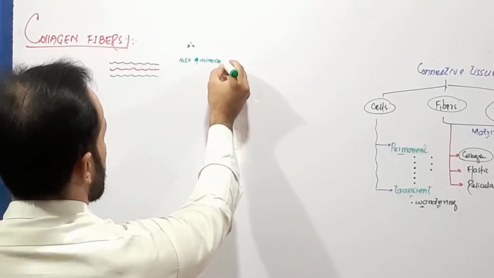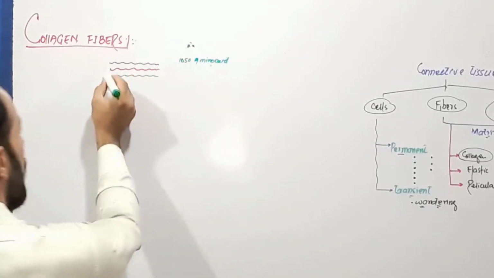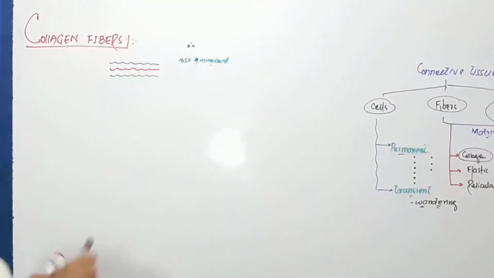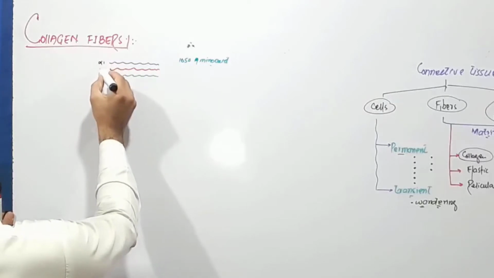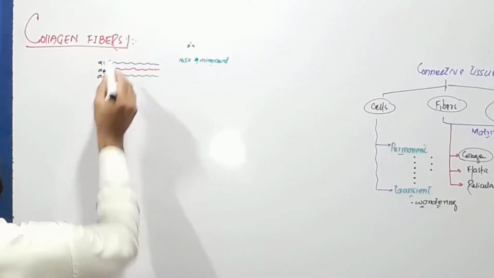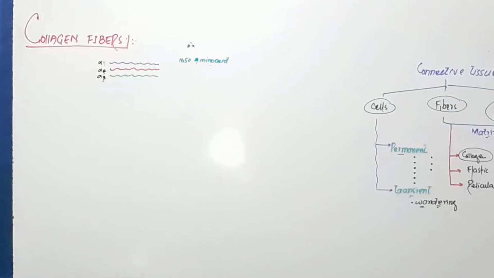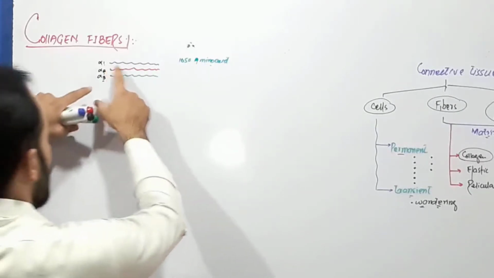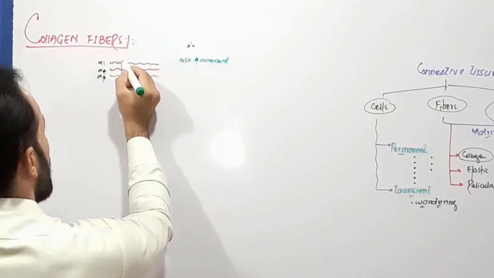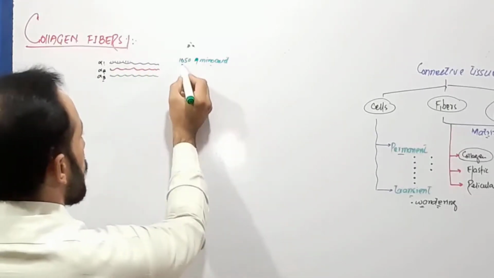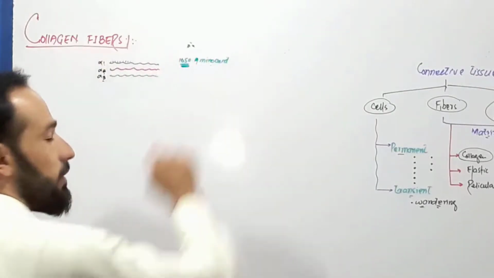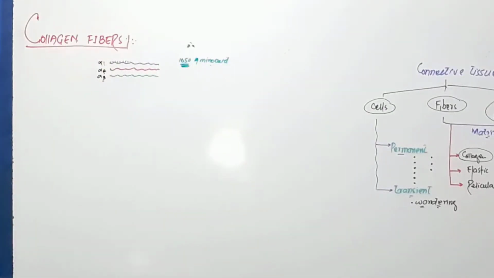These are alpha fibers: alpha 1, alpha 2 and alpha 3. That's why I have mentioned them with different colors, to have a concept of them. These are the three alpha fibers, and they are protein fibers, which is why they contain amino acids. About 1050 amino acids are present in each alpha fiber of a collagen fiber.